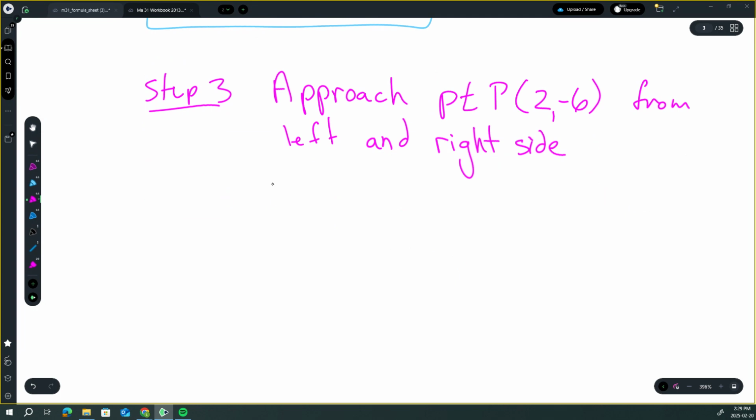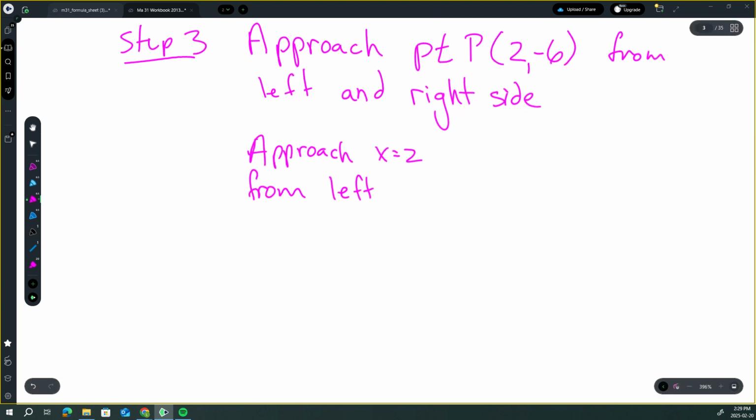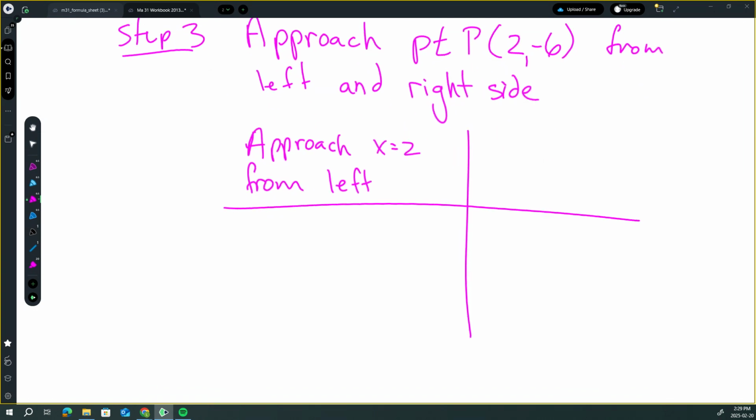Okay, so the easiest way to do that is to make a little chart. Approaching x is equal to 2 from the left, and approaching x is equal to 2 from the right.